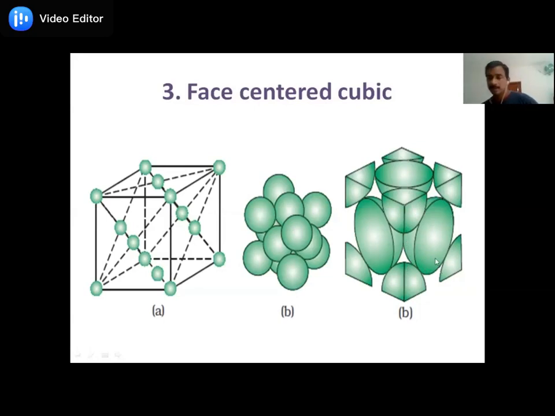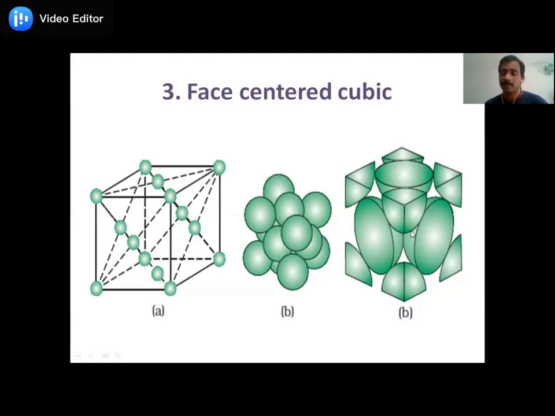That means a particle at the face center is shared by 2 unit cells. If you place another particle here, the remaining half will be present with the next unit cell that is placed here. So contribution from one face center is 1 by 2.